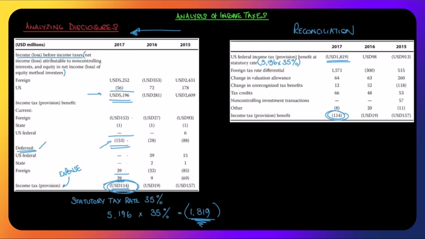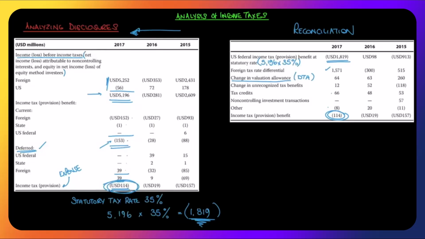And you can see, as you probably will be able to work out from here, well, look, there's a lot of overseas action going on. That's the vast majority of it. However, we also have a valuation allowance change. Remember, valuation allowances are against deferred tax assets if we don't think we can use them. It's 64. Unrecognized tax benefits, tax credits, and the always disturbing other category gets you to the 114.